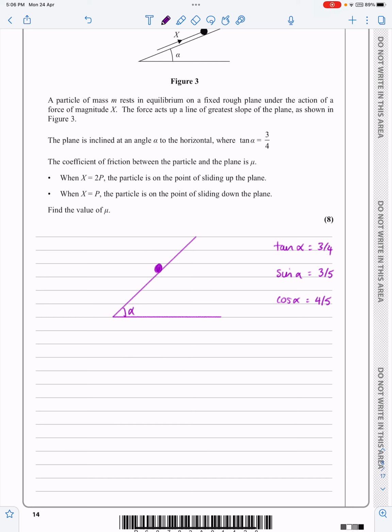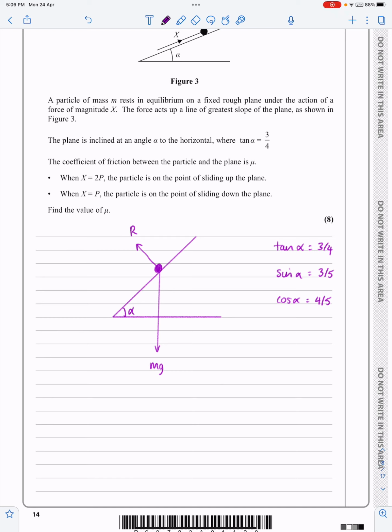Right, so what's happening with this object? It's a particle of mass m, so I'm going to have mg going down here, and as always, put all my other forces on. I must have a reaction force as it's acting on a plane. It says x is equal to 2p.